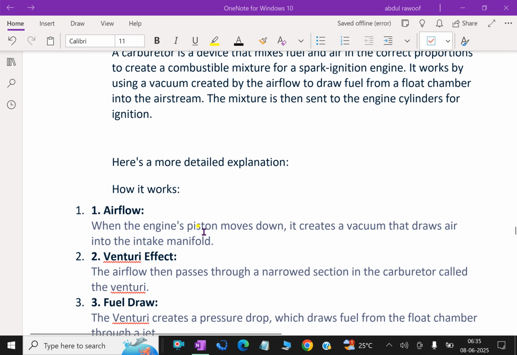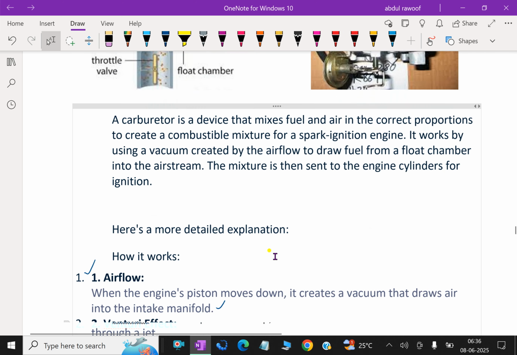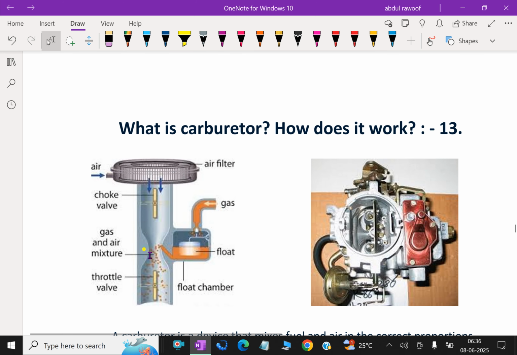Airflow: when the engine piston moves down, it creates a vacuum that draws air into the intake manifold of the cylinder. Venturi effect: the airflow then passes through the narrowed section in the carburetor called the Venturi.